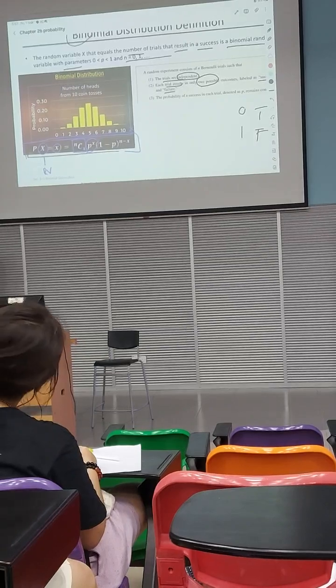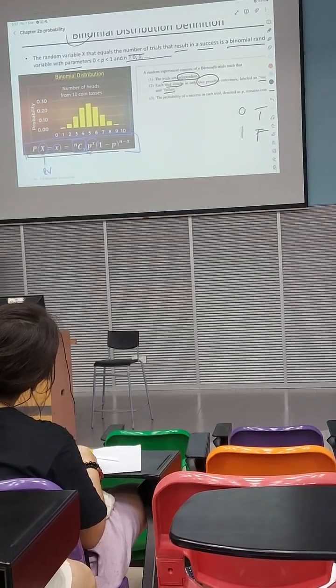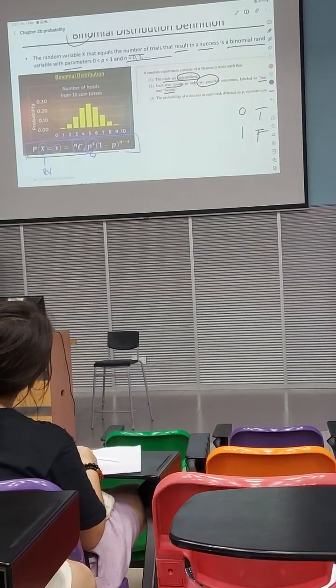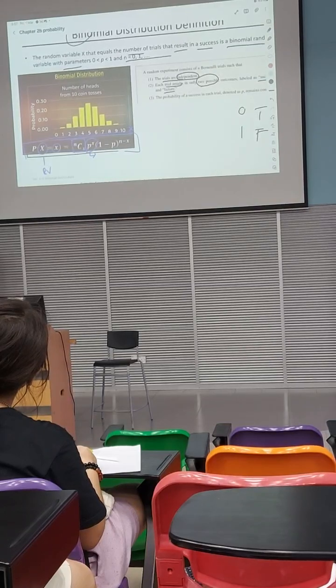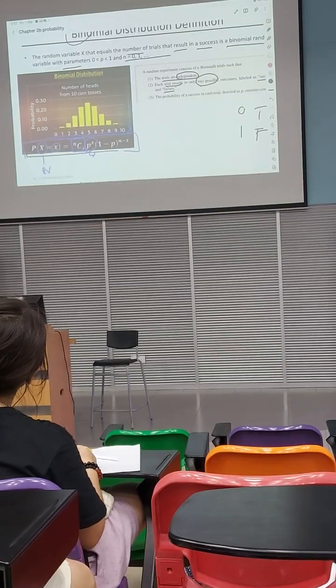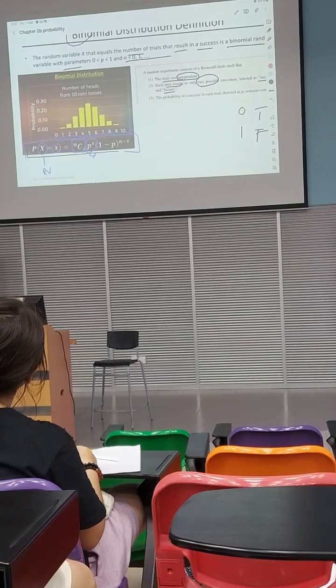P in this case means probability. Then times 1 minus p, to the power of n minus x. So this is the formula for the binomial distribution.